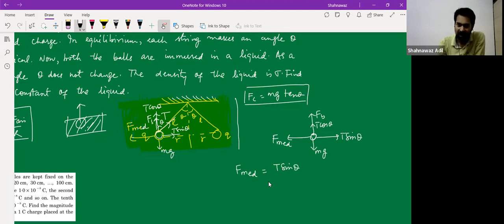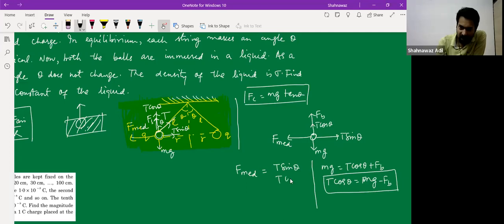And in the second part, we have mg equals T cos theta plus Fb. So T cos theta is mg minus Fb.